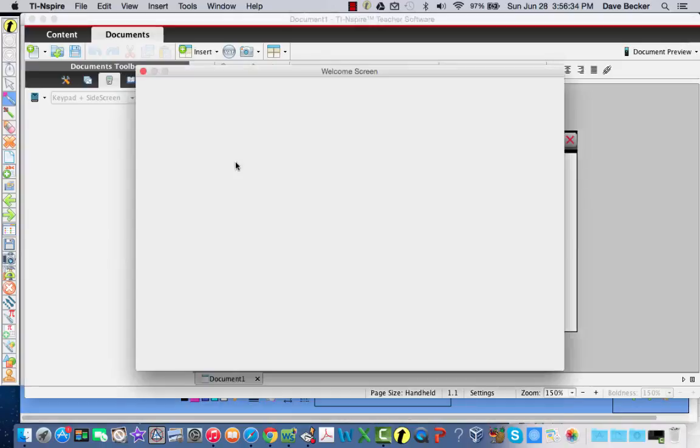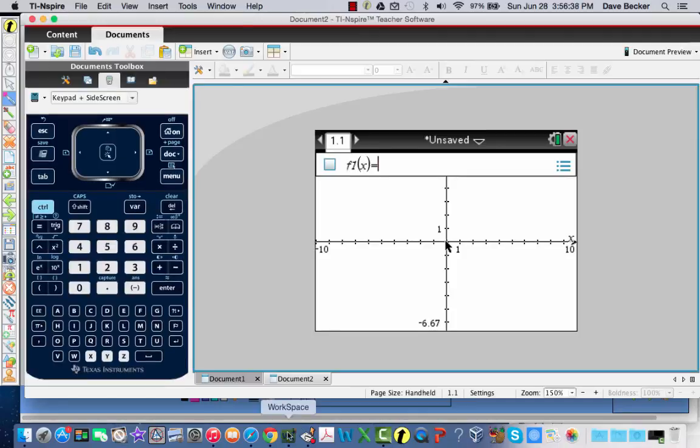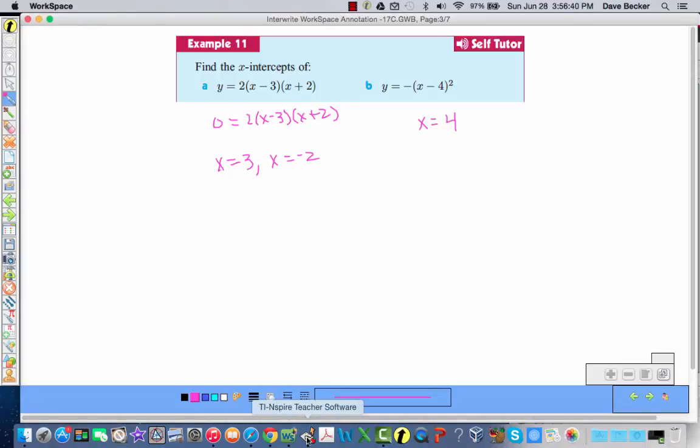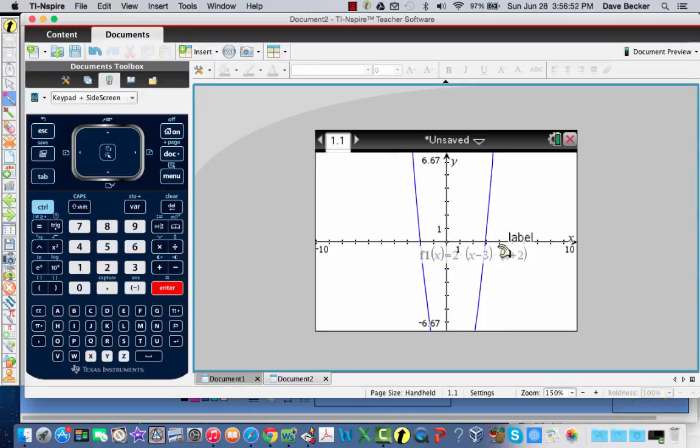So we are going to give it the graphing window. The first was 2 times (x minus 3) times (x plus 2), and our intercepts are right there: it's 3, and right here it's -2, just like we had said.